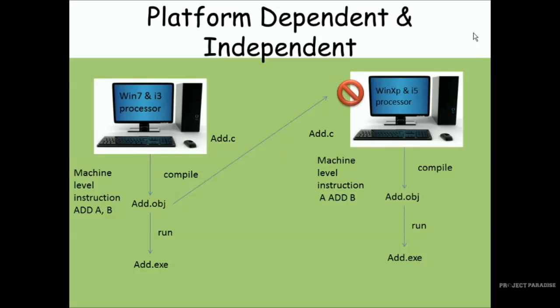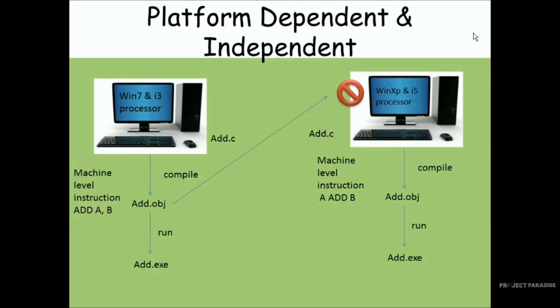Now let us write a C program in our first system. Whenever we write a C program, we save it with the extension .c. For our example, let us consider we are writing an addition of two numbers program, so we save it as add.c.